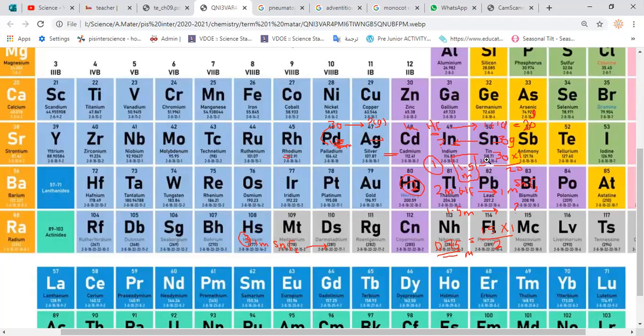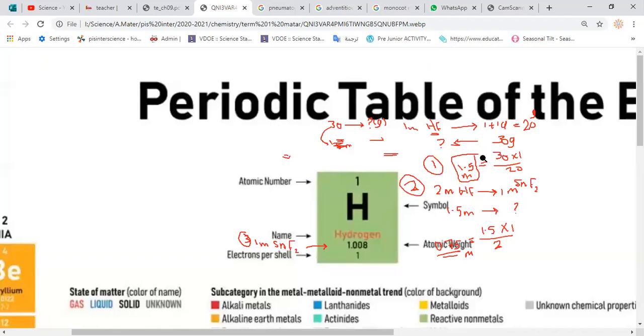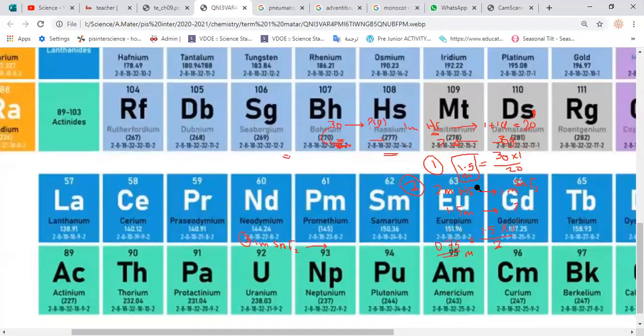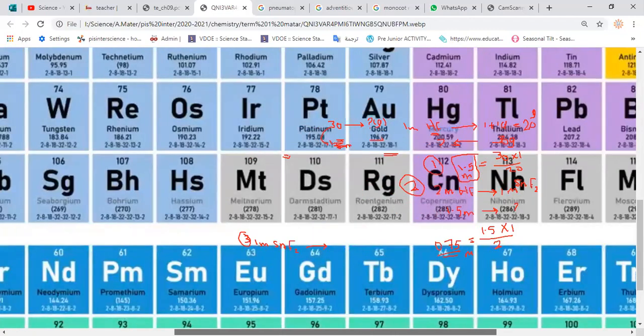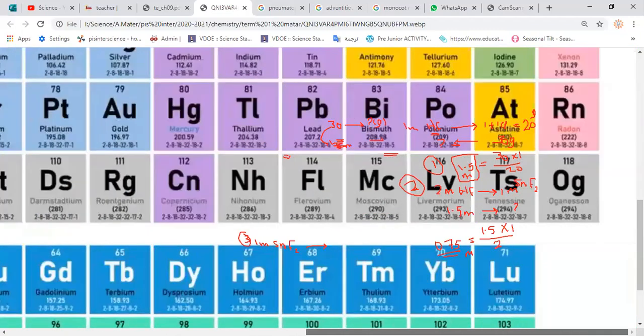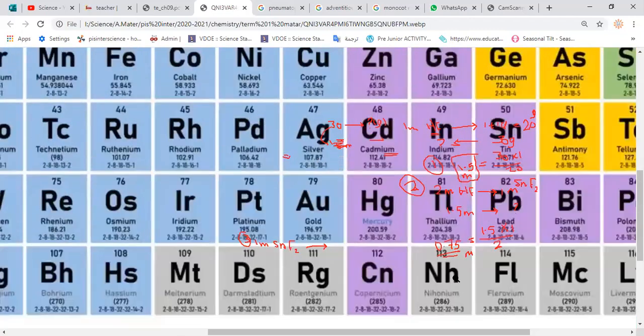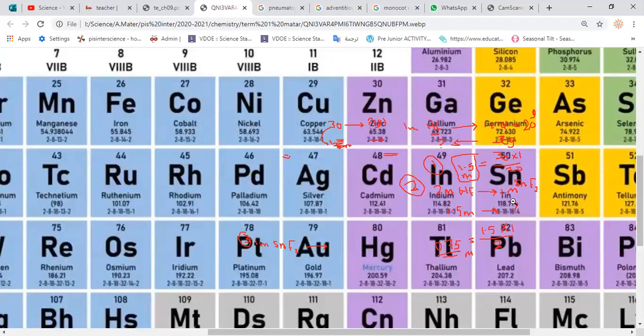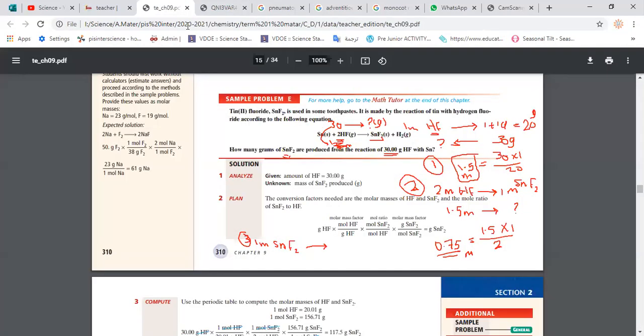Could you see it, guys? So here tin is 119, as was said, and fluorine is 19.